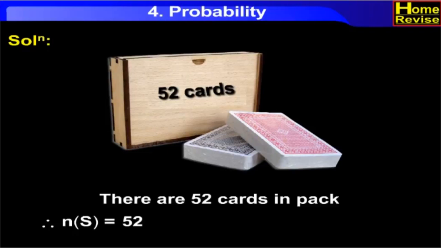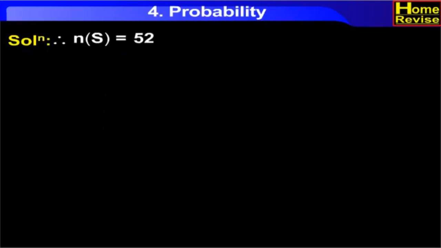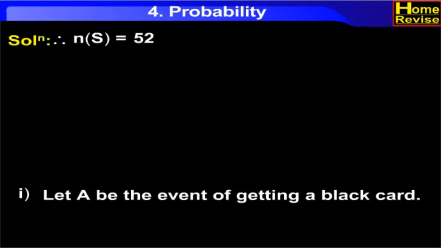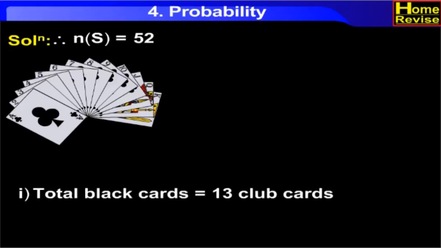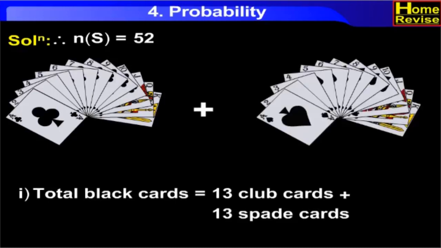Now, let us find the probability of the given events. Number 1. Let A be the event of getting a black card. We know that total black cards is equal to 13 club cards plus 13 spade cards, which is equal to 26 cards.